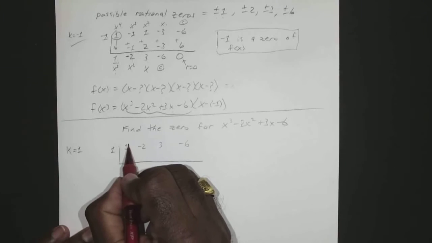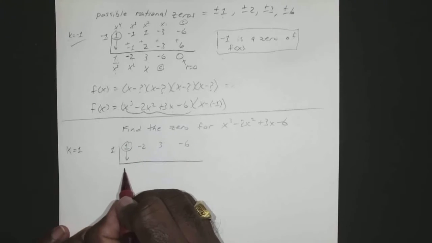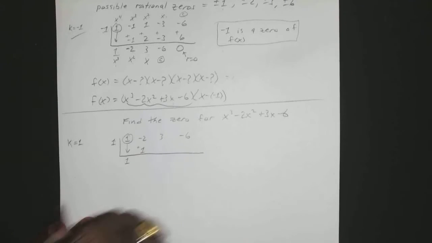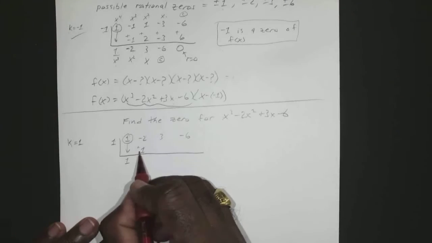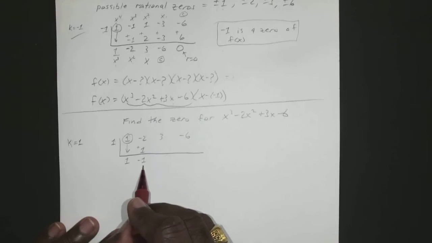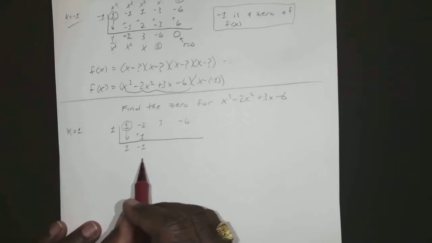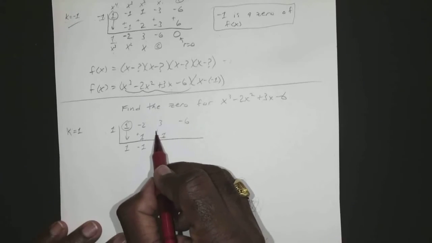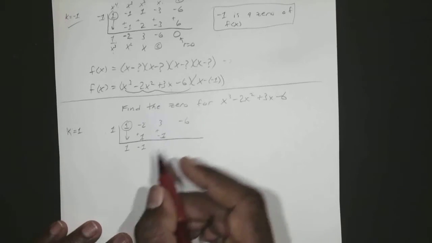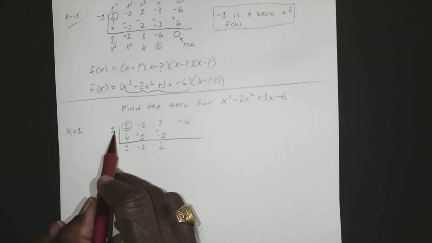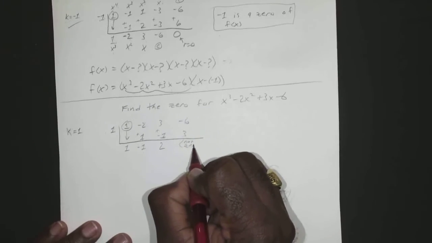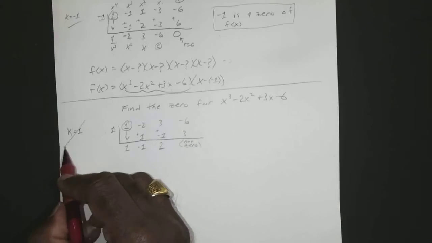Just like before, we bring the first one down. 1 times 1 is 1. Add them together. -2 plus 1 is -1. 1 times -1 is -1. Add them together. 3 plus -1 is 2. 1 times 2 is 2, and the last sum isn't 0, so we're not going to use 1.